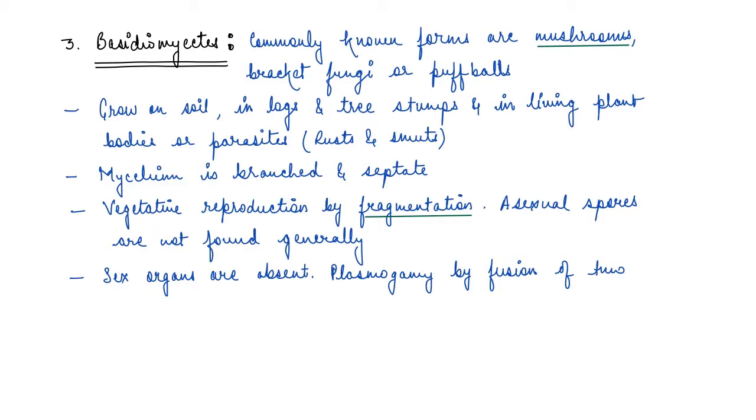Now mycelium in these cases is again branched and septate, and they reproduce vegetatively by fragmentation, and asexual spores are not found in them generally. Sexual organs are completely absent.